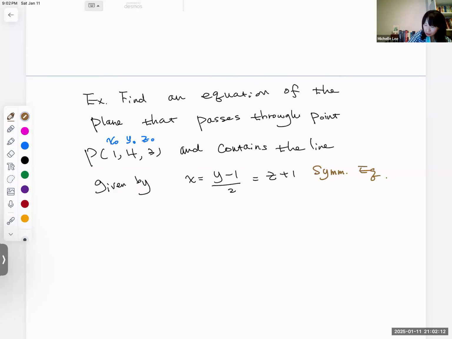Okay, then this is a symmetric equation. Then t equal to x, t equal to y minus 1 over 2, and t equal to z plus 1. Now, if we convert to the parametric equation, we can find one more point and the direction vector, right? Okay, let's do it. Parametric equation.